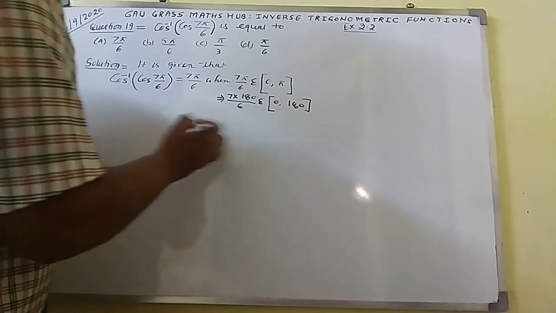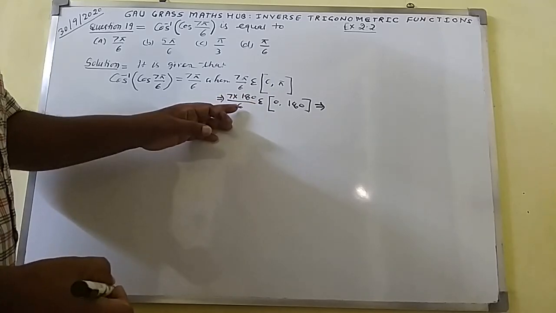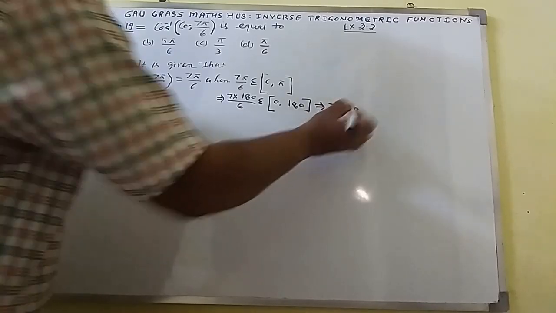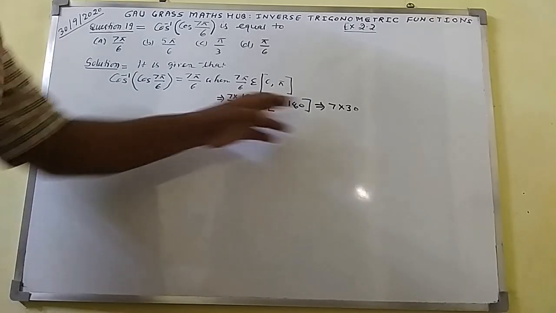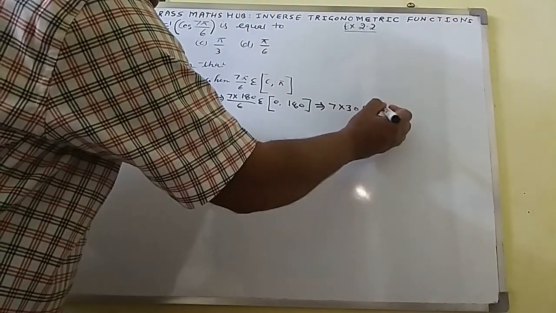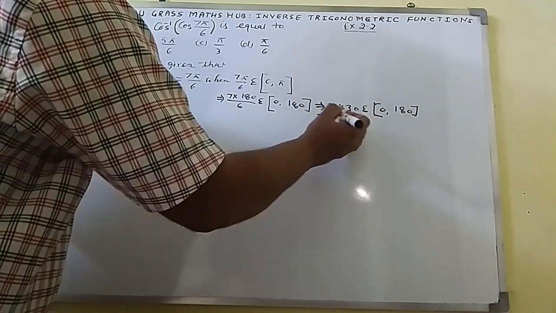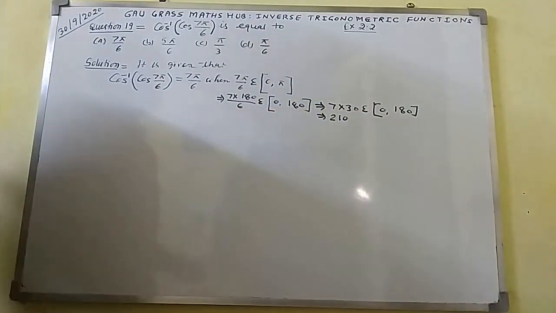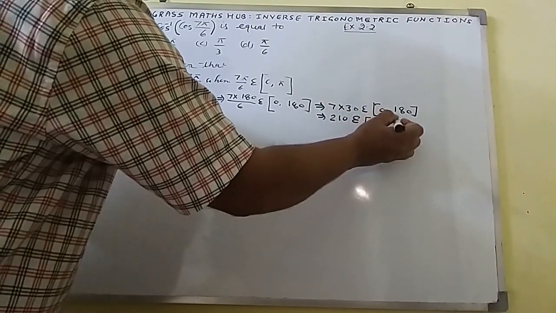Here 180 divided by 6 comes out to be 30. So 7 into 30 belongs to the closed interval 0 to 180. 7 threes are 21, so 210 belongs to 0 to 180 degree?